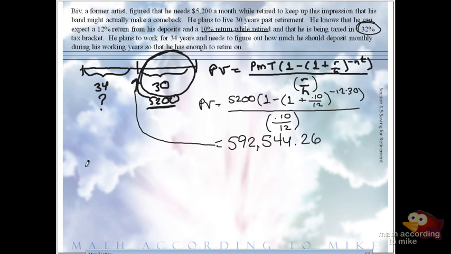So mathematically, 0.68 times X, the amount he has to have at retirement, needs to equal this 592 number.